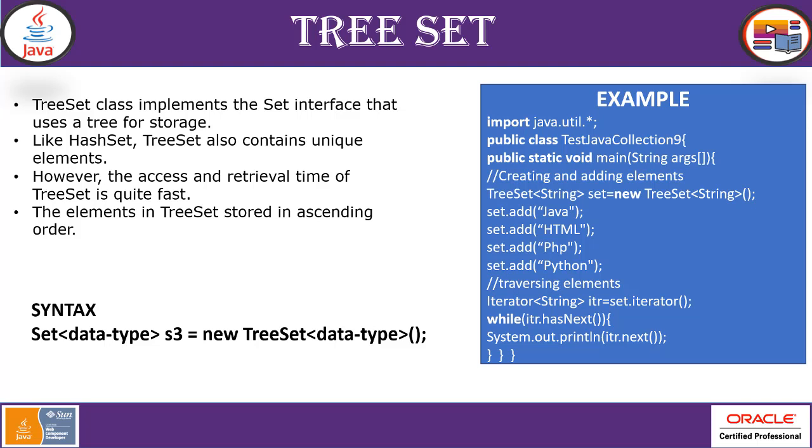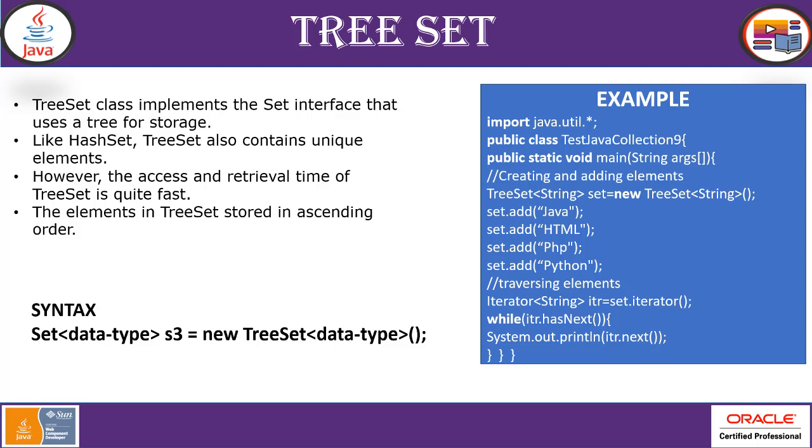So the declaration and initialization of a TreeSet object is: Set data type s3 equals new TreeSet data type constructor. Now in the example, if you see, the TreeSet declaration is done the same way. Here we are using the string data type: Set string set equals new TreeSet string constructor.